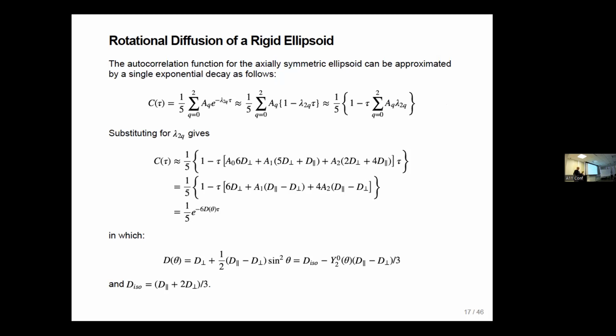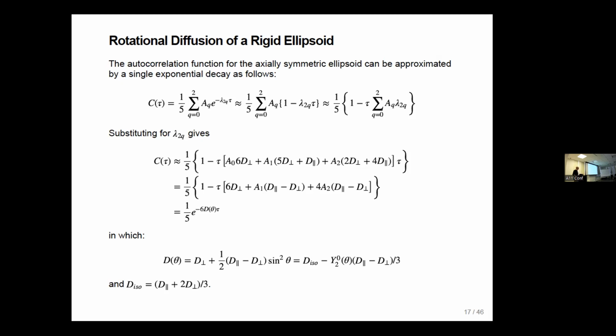So if all three diffusion tensor axes were different from each other, and our molecule looked like a potato, for example, which it probably does in reality, then we'll have 5 exponentials rather than 3. We won't have this collapse by symmetry. So the equations, again, are just going to be a linear combination of exponentials. The prefactors become much more complicated, and you have 5 exponentials.